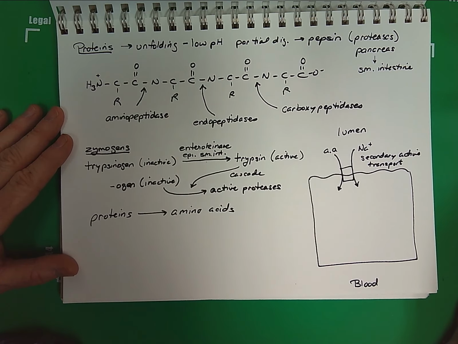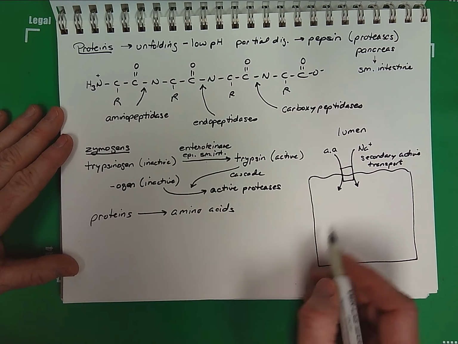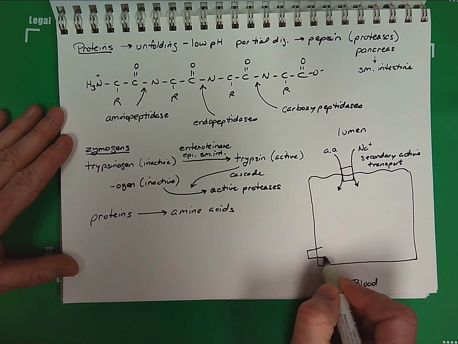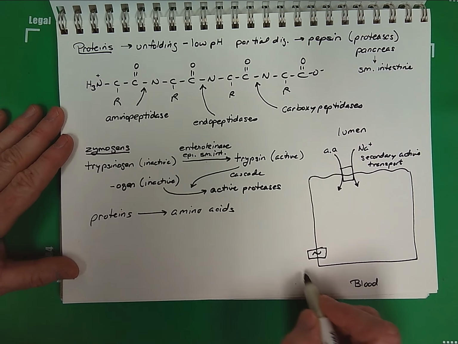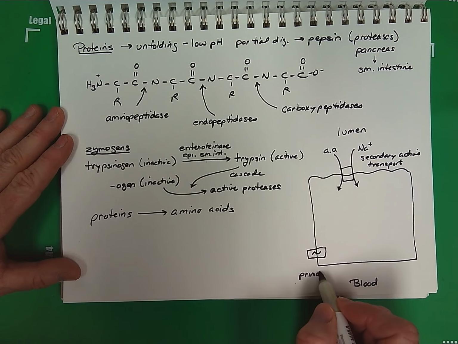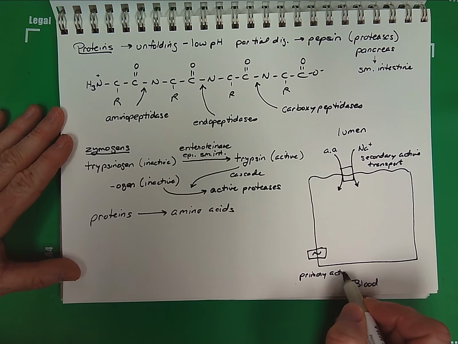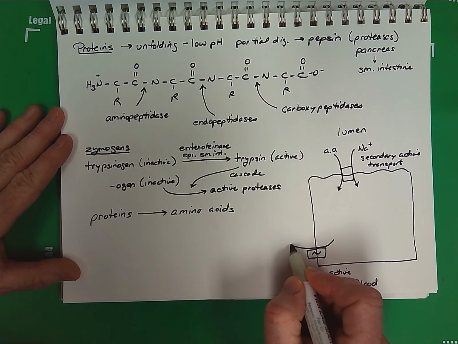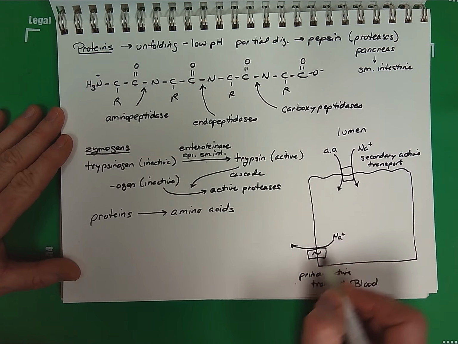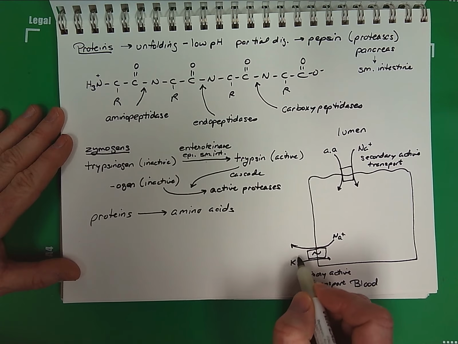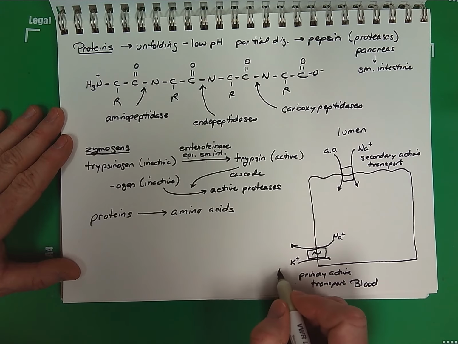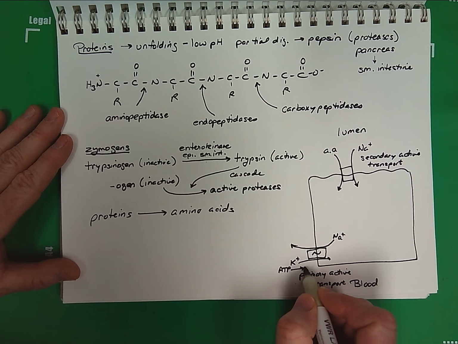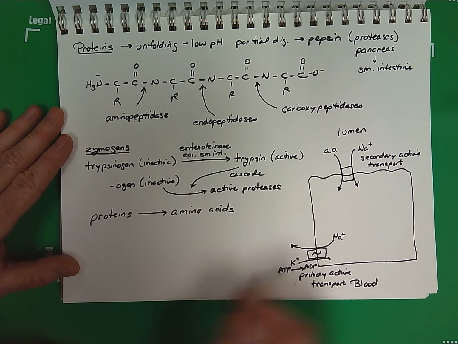And also similar to glucose uptake, in order to generate this gradient, we have primary active transport, which is going to pump sodium out of the cell and pump potassium into the cell and hydrolyze ATP as the energy source to drive this gradient formation.